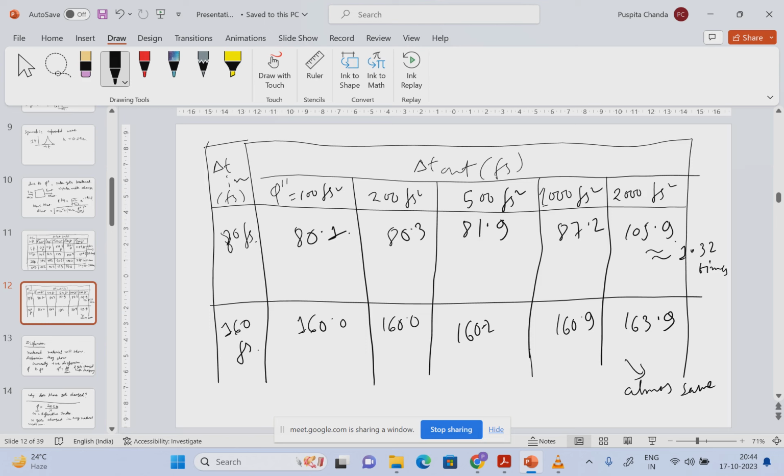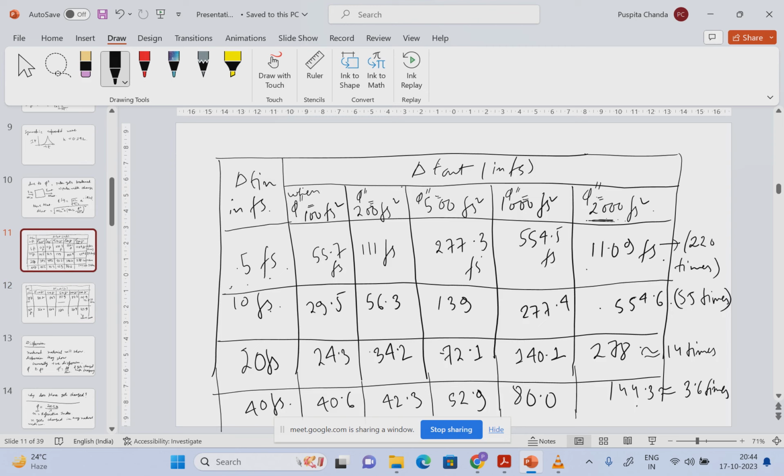So you can see that if delta T in is large, then group delay dispersion affects the delta T in very little. For 80 femtosecond, even if there is a group delay dispersion of 500 femtosecond square, it is almost the same.